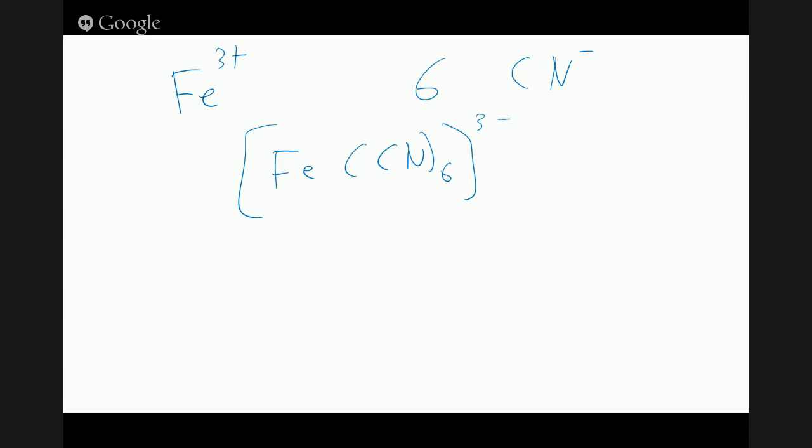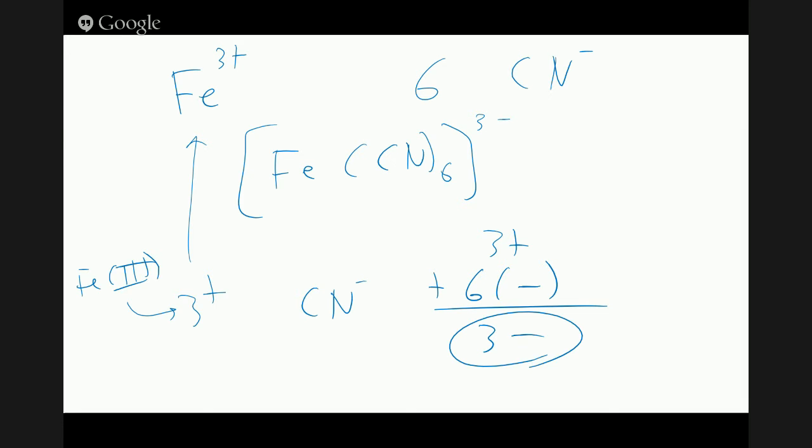Pauline, the way that I know that that's 3- is the Fe3+ is 3+, the Roman numeral 3 means it has a 3+ charge, and CN- has a -1 charge, or 1-. So I have 3+, plus I have 6 minuses. So that's an overall charge of 3-. So I put it into brackets, and I end up with the overall charge. So Pauline, I hope that answers your question there.